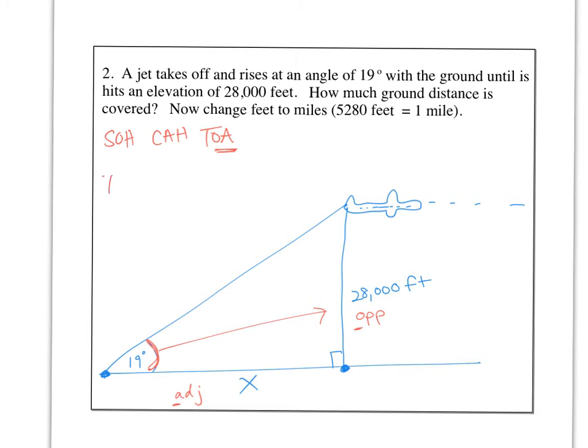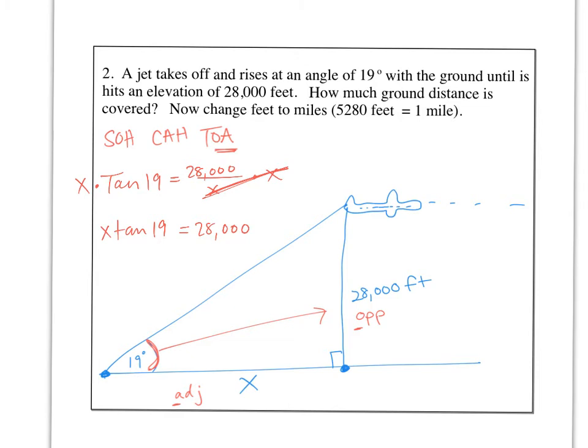T stands for tangent. So tangent of, think about what comes after the word, the angle, equals opposite over adjacent. Now this one, the x is on the bottom. So on this one, we're going to have to multiply by x. These cancel out. So what we have is x tangent 19 equals 28,000.